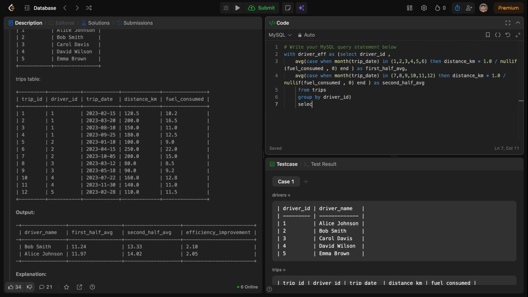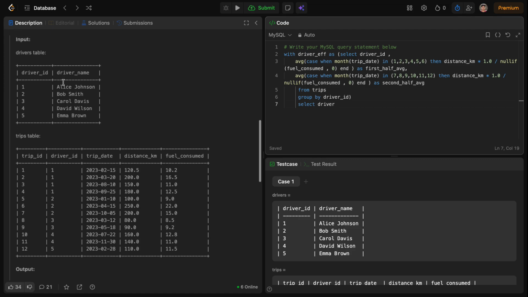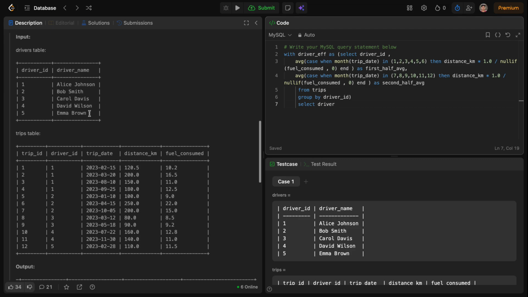So select driver ID. They need the driver name, but for the driver name we have to join the drivers table. Make sure while writing these queries that we round all of these.